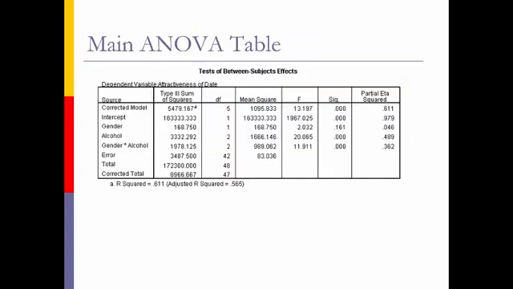All right, the main ANOVA table that we see here. Let's go ahead and look at it. We have two main effects. We have the main effect of gender, and we'll have a main effect of alcohol.